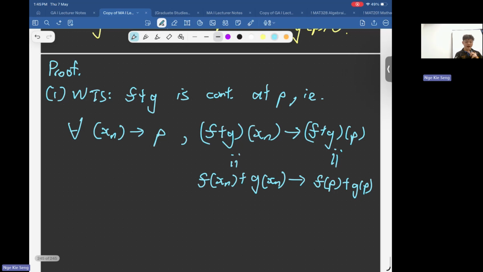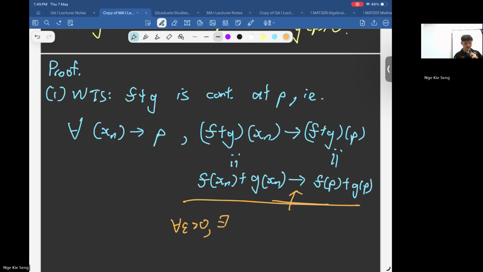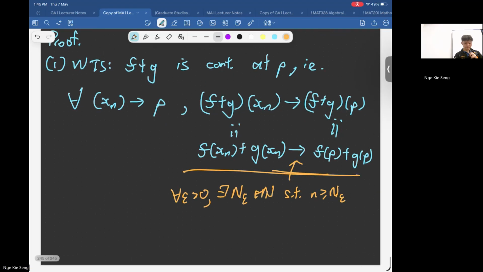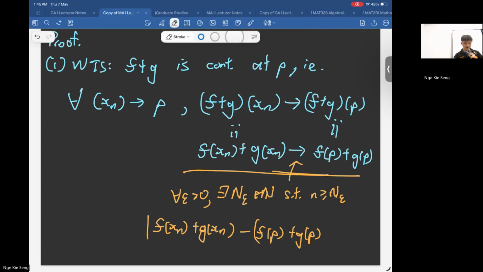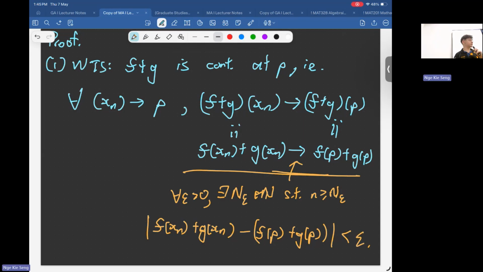Maybe we need to unravel one more time. What does this arrow mean? For every epsilon greater than 0, there exists an N_epsilon in the natural numbers such that for all n greater than N_epsilon, |f(xn) + g(xn) - (f(p) + g(p))| is less than epsilon.